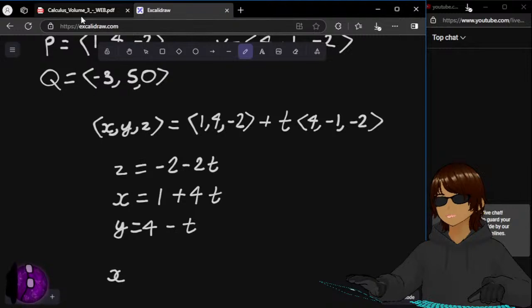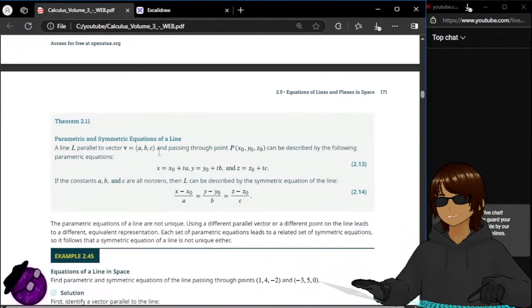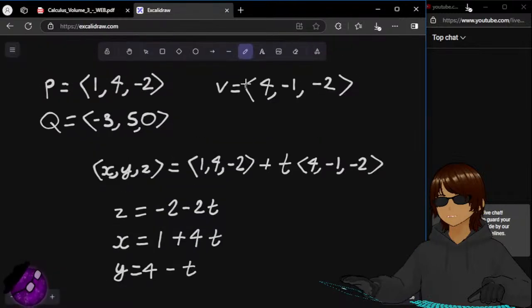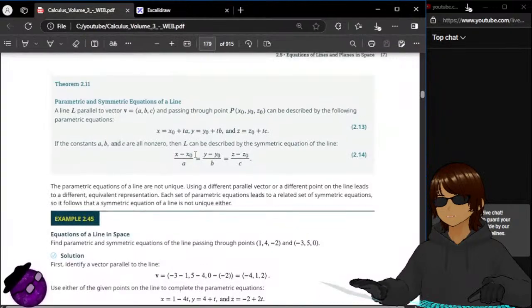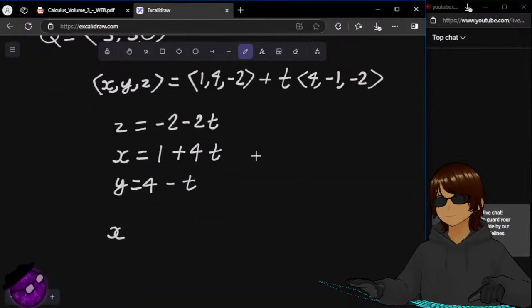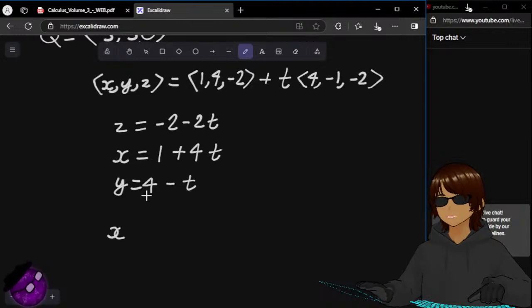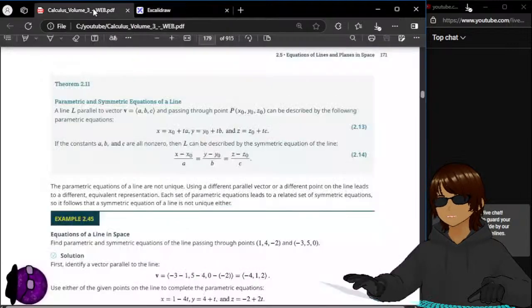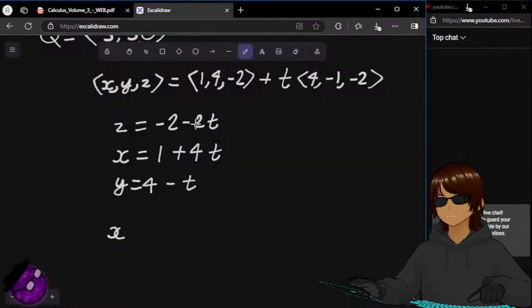So when they say ABC, what do they mean? They mean vector v. So this is ABC. This is x0, y0, z0. Okay. So x minus x0.